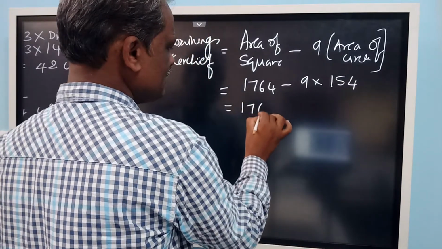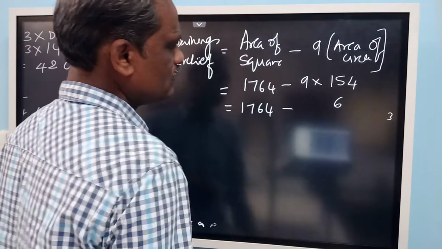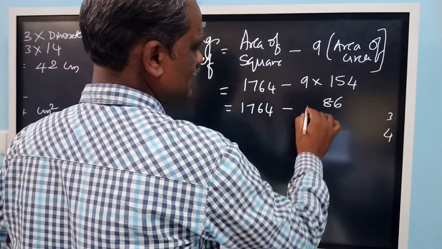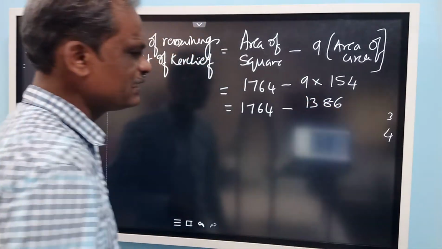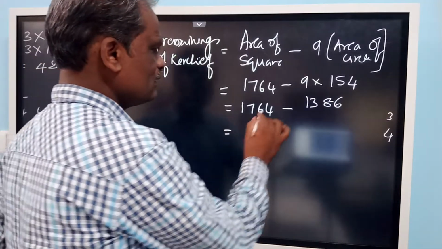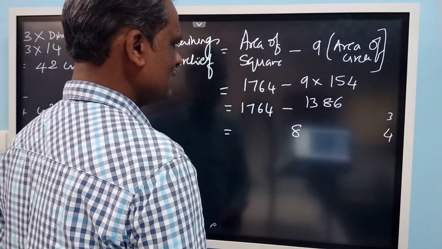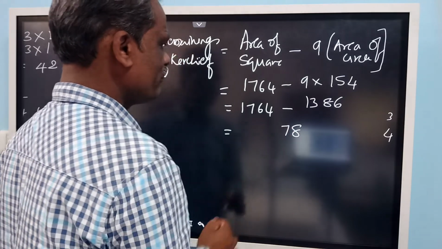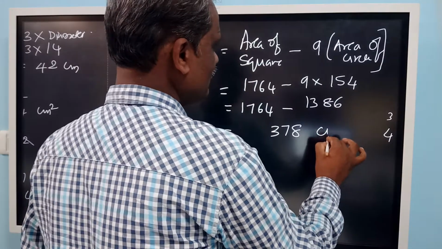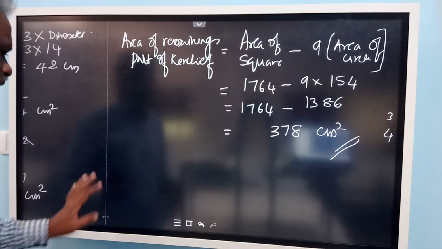So 9 times 4 is 36, 3 carry, 9 times 5 is 45, 45 plus 3 is 48, 4, 9 plus 4, 13, 1386. So if you subtract this one, 14 minus 6, it is 8, 15 minus 8, it is 7, 6 minus 3, it is 3, 378 centimeter square. This is the area of the remaining portion of the kerchief.